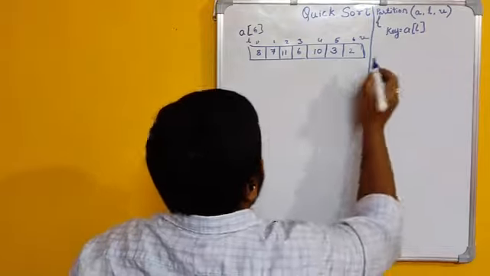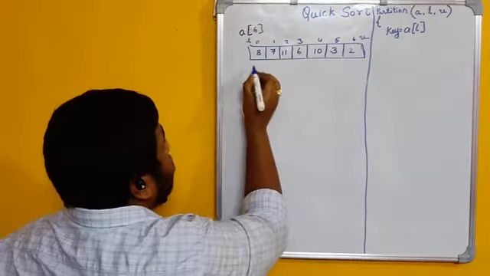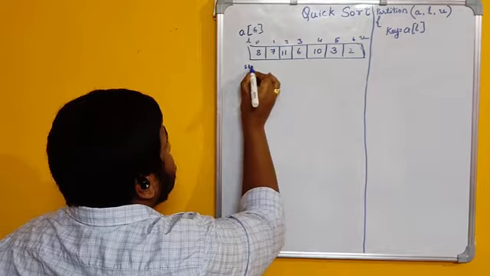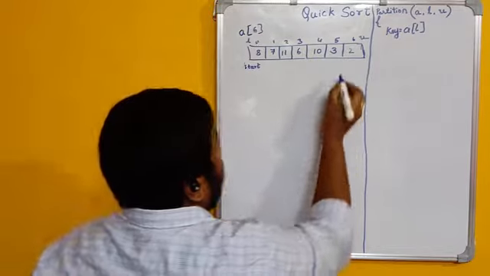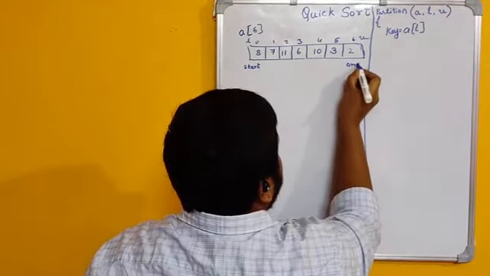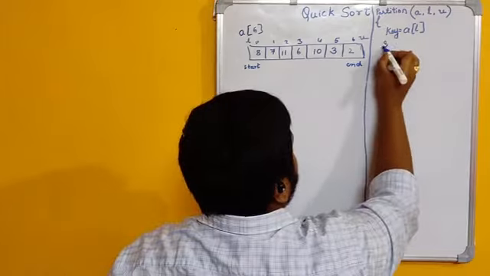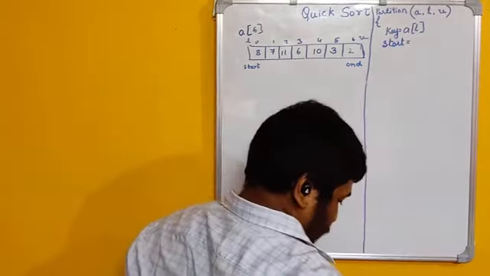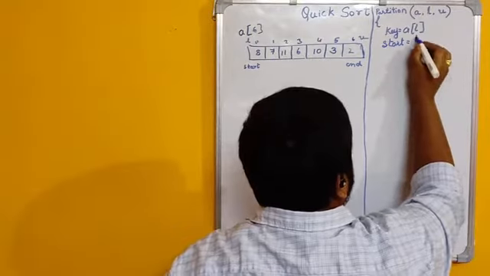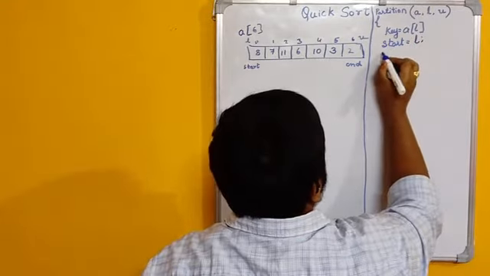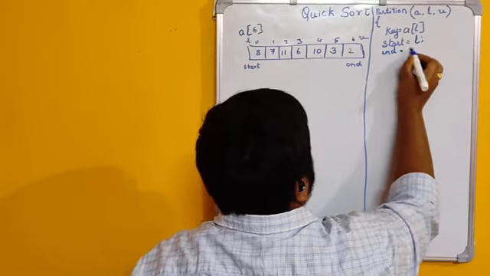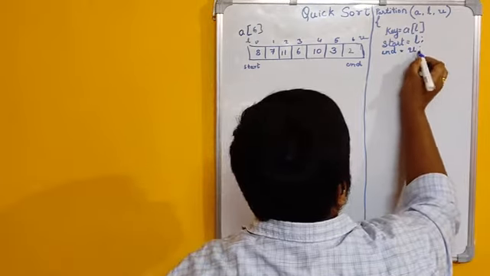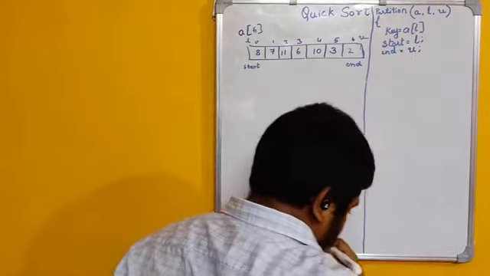Again we will take one more variable as start and one more variable as end. So start is equal to L and end is equal to upper bound. Okay.